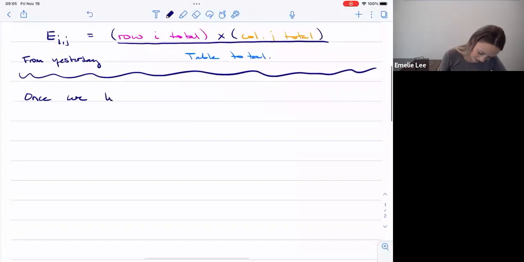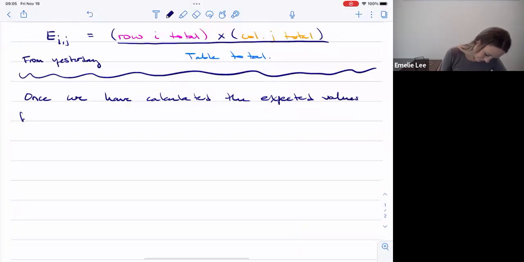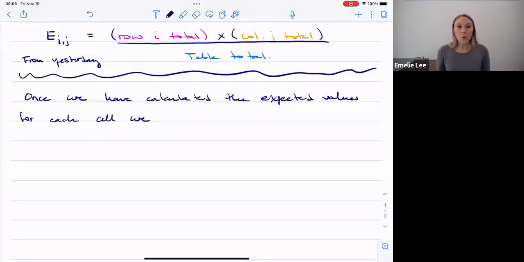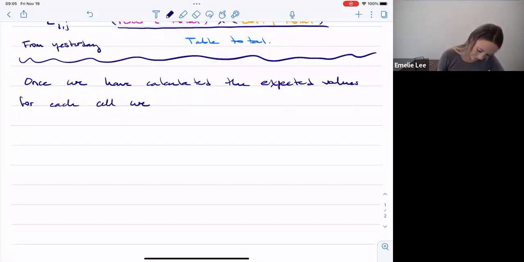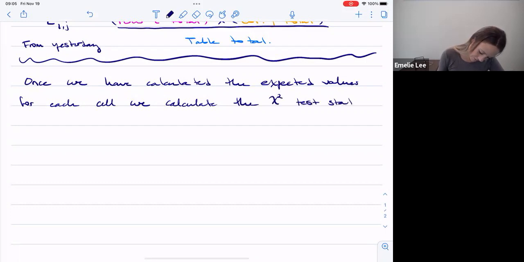So once we have calculated the expected values for each cell, we calculate the chi-squared test statistic the same way we did before.